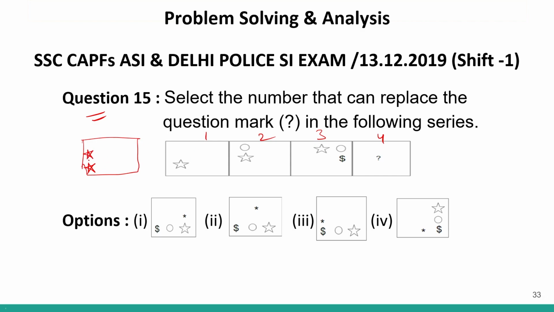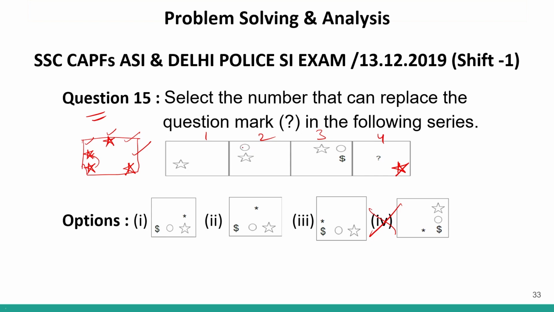In the second figure the position is this. It has moved 1 forward. In the third figure it has moved 2 places, 1 and 2. So now it will move 3 places. So 1, 2 and 3. So our star will be in this position. So if star is here, option number 4 is clearly eliminated.